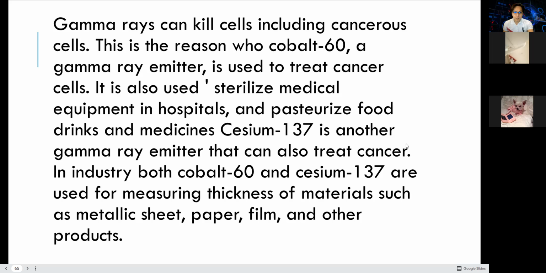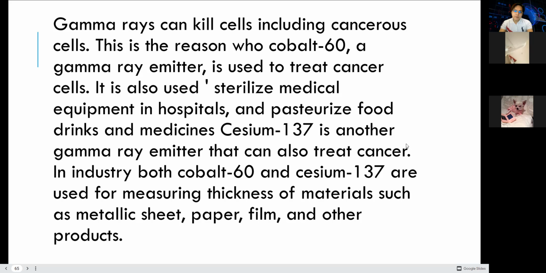We are using gamma rays in hospitals for sterilizing because remember that once gamma rays strike a surface, they can actually kill the organisms that live there. So we can sterilize our medical equipment in hospitals, and pasteurize food, drinks and medicine.